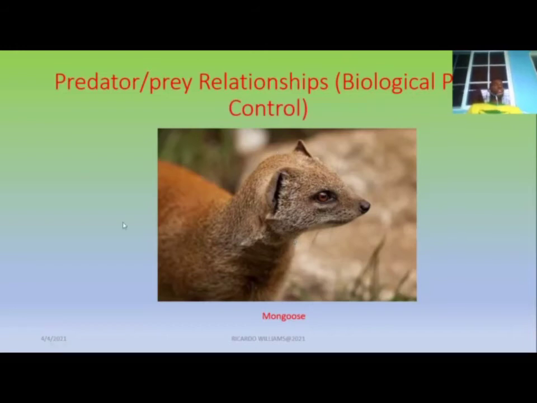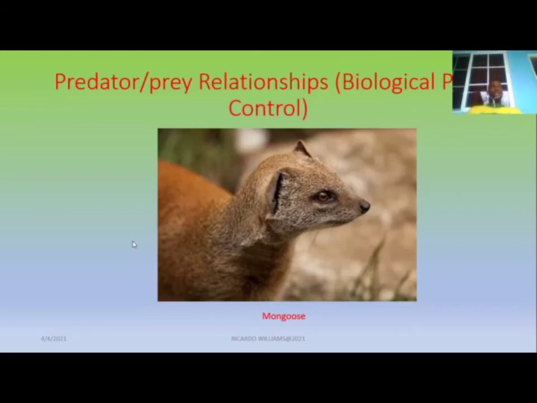Now, predator-prey relationships are often used as biological control. So for those farmers that don't believe in using things like insecticides and pesticides and all those chemicals, they normally use natural methods to control pests. So for example, in the past, the sugarcane plantations used to suffer from mice and other animals, rodents feeding on the cane and so forth.